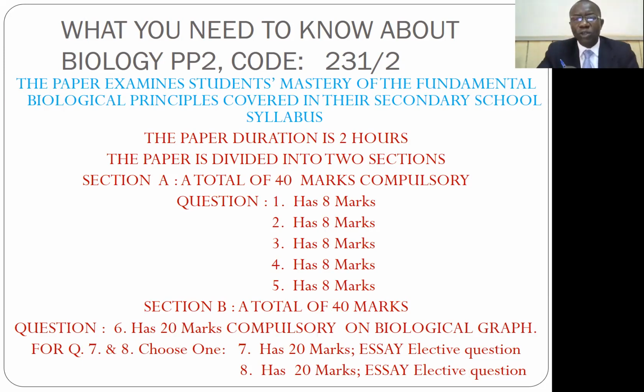Biological graph question is compulsory. Every student must attempt that question. Then we have question 7 and 8, which are the essays. And students are required to choose 1 essay question out of the 2.